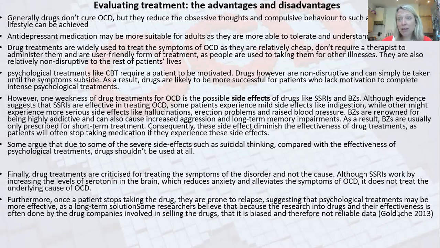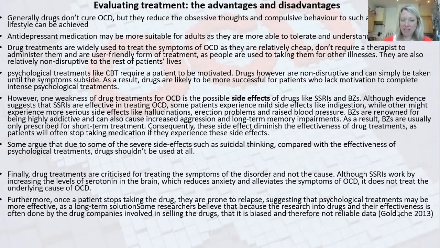Furthermore, because they're only treating symptoms and they're not doing anything to address the underlying cause, if you stop taking your drugs, you are prone to relapsing, which suggests that something like cognitive behaviour therapy might be a better long-term solution.